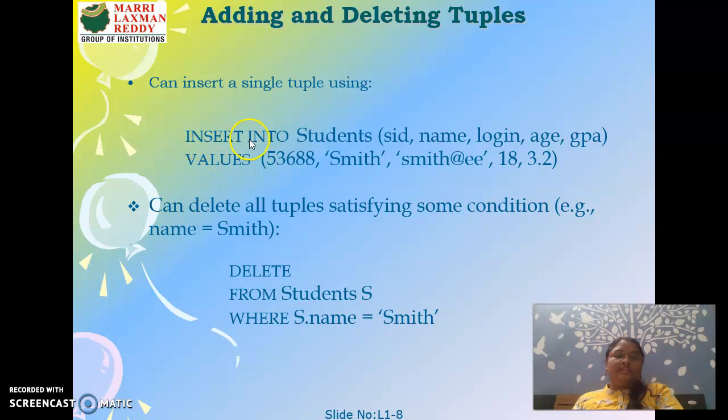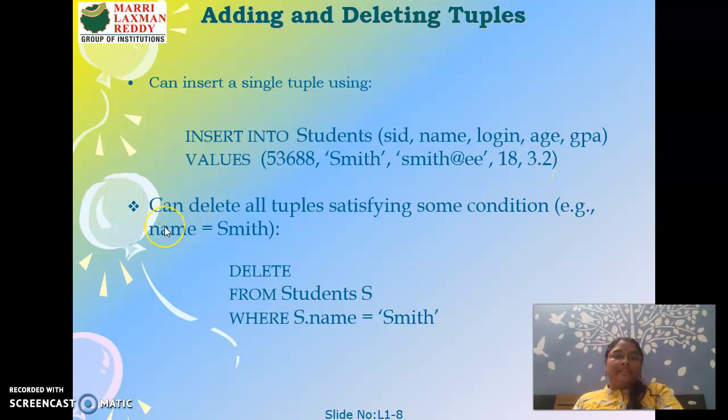Once you have written insert into table name, followed by values, don't write value but values. This is the syntax. When I write this syntax, I can easily insert a record, right? A record is nothing but your row. I have inserted a row where 5368 is your ID, the name is Smith, male, and something like age followed by GPA, right?